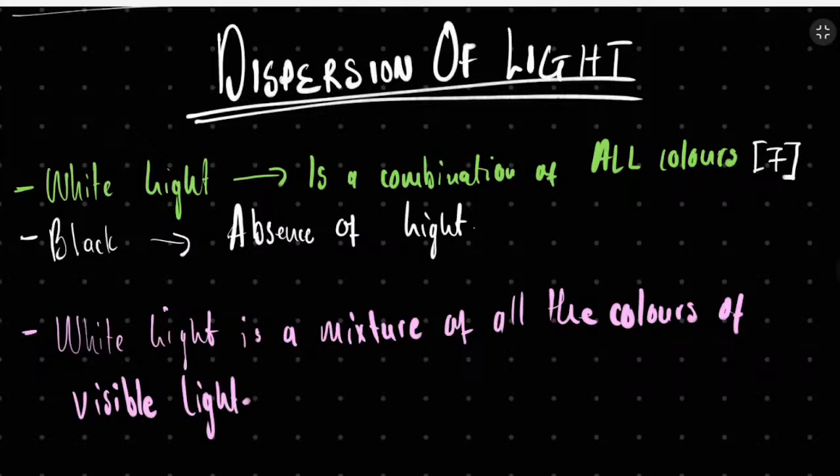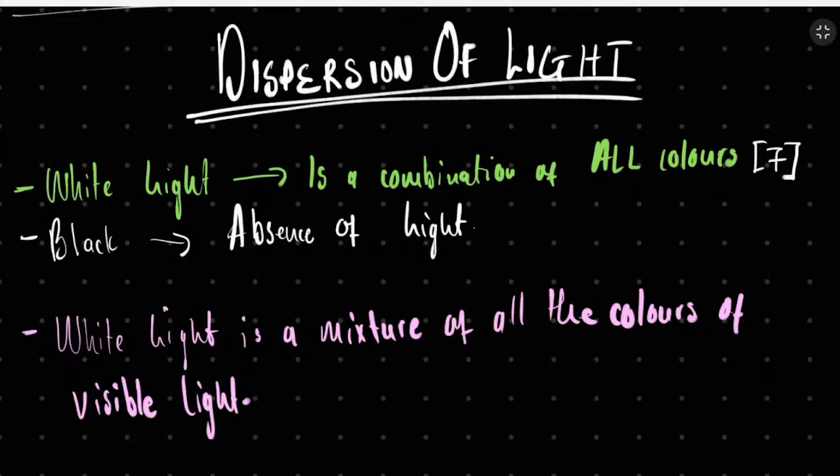White is not one color. That's the biggest mistake that you can make. White is not just a color, like one color. No. White is what you get when you combine all the 7 primary colors. All the 7 colors together, they'll give you white.